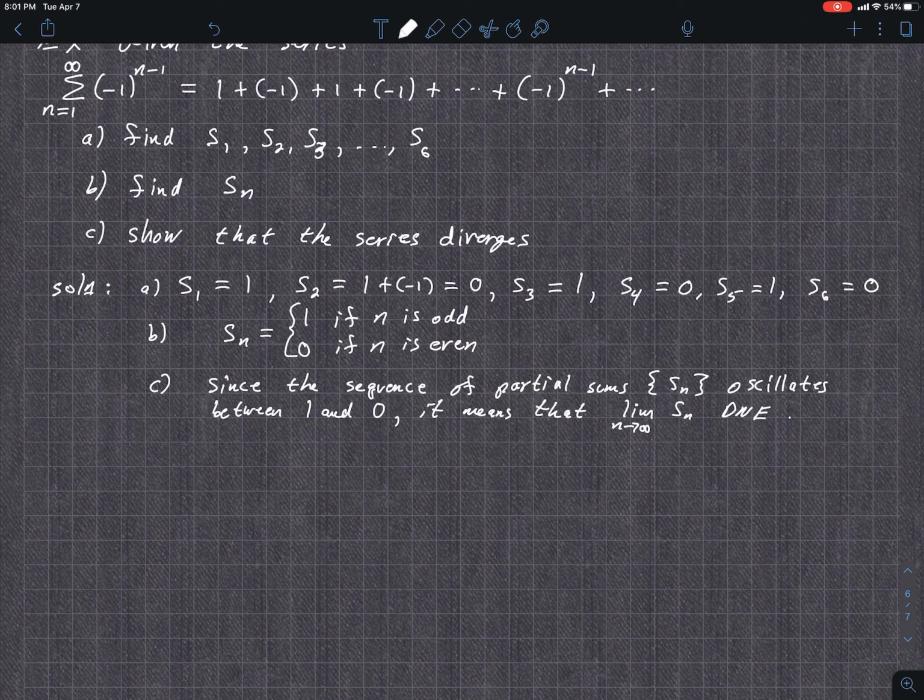It's a DNE, right? It oscillates. It's like sine or something. It just goes 1 to -1 up and down. It doesn't take on those values in between, but that's what's happening. So hence, the series diverges.